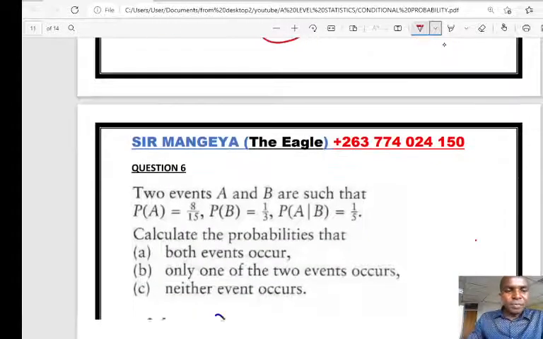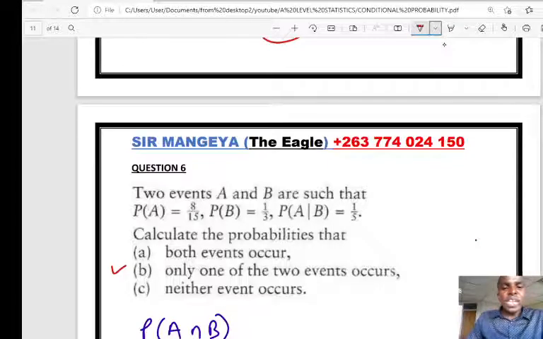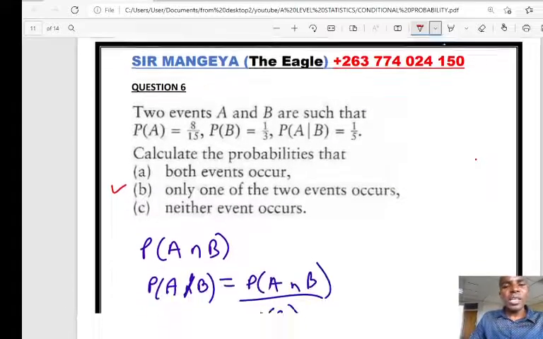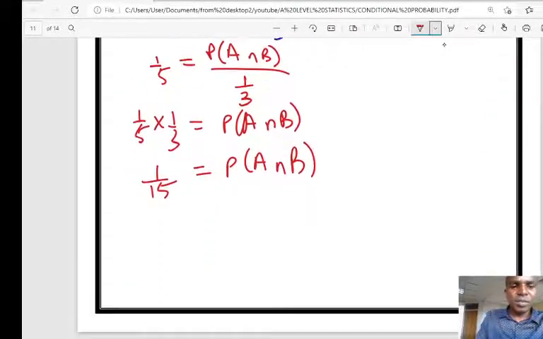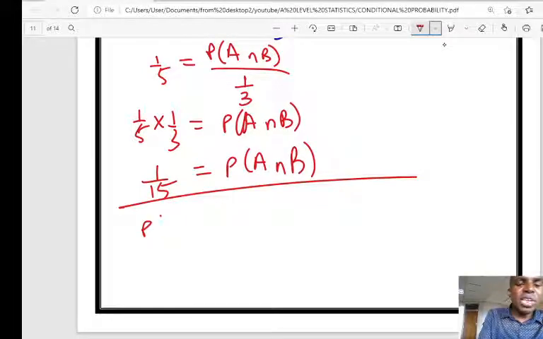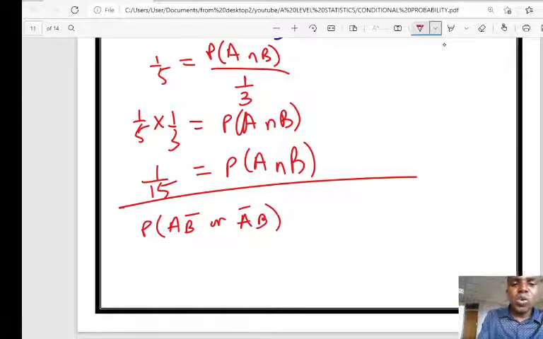Then going up there, part B, calculate the probability that only one of the two events occurs. Only one means either A will occur and B will not occur, or A will not occur and B will occur.